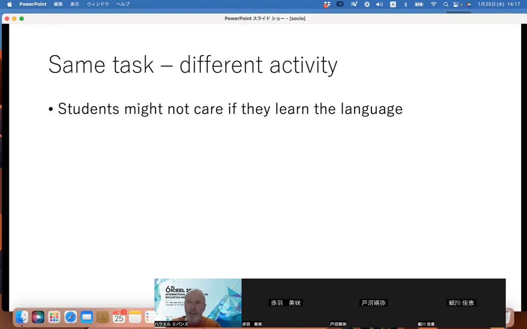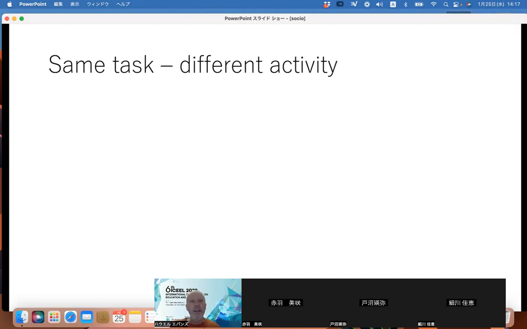And then when you think about your students, say, for example, you're going to be teaching English in high school, the students' goals might be different. So even if they're all doing the same thing, the activity might be different, depending on the students' orientation to the task.